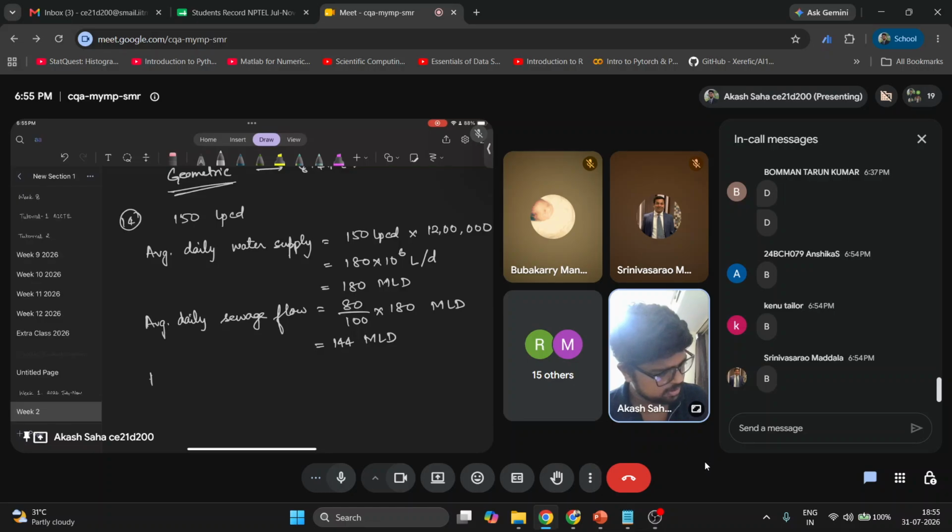So then maximum daily sewage flow, that factor is given as 2 into 144. So 288 MLD. Okay, right? I hope this is clear to all of you.